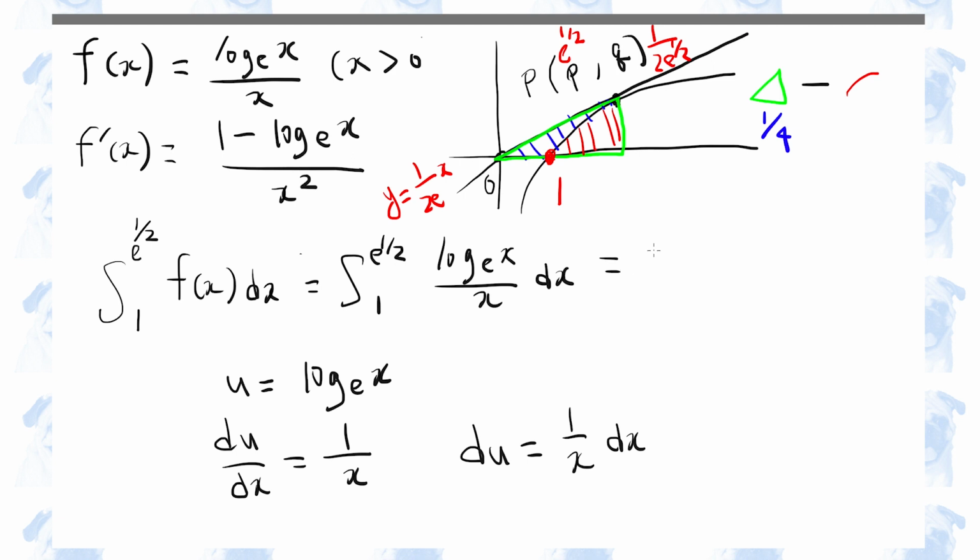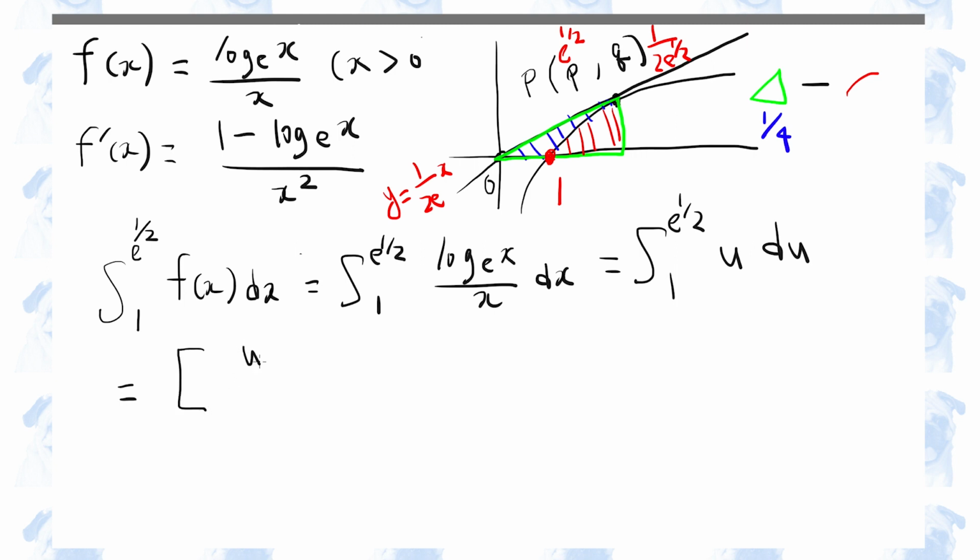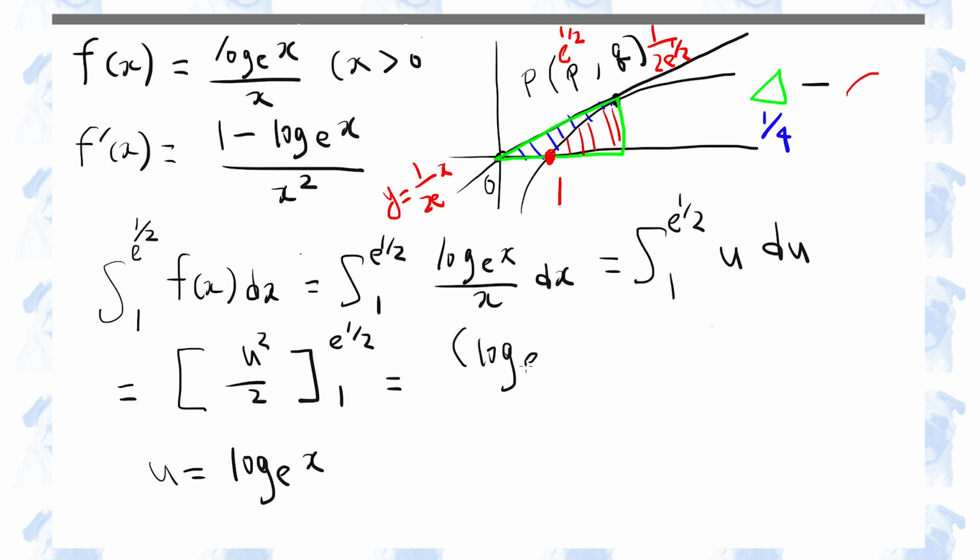So this is equal to u times du. Recall that u is equal to log base e of x. So u squared is log base e of x squared.